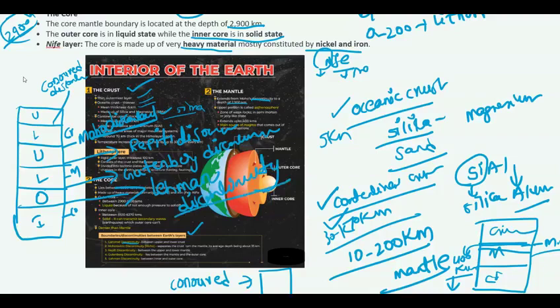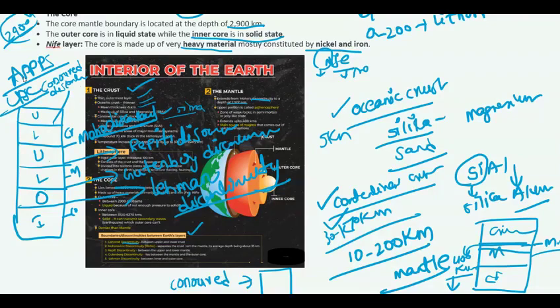These boundaries are very important for APPSC Group and UPSC purposes. First, between the upper and lower crust is the Conrad discontinuity. Between the upper and lower mantle, there is the Repetti discontinuity. Between the crust and the mantle, the Moho discontinuity. Between the mantle and outer core, there is the Gutenberg discontinuity.